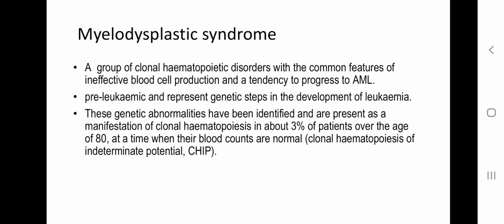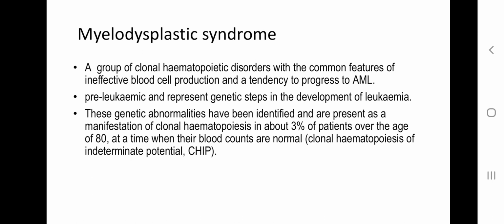Basically, in myelodysplasia there is ineffective production of the various cell lineages like RBC, WBC and platelets. It can affect all three lineages or any one of them, resulting in ineffective blood cell production. So it is a pre-leukemic, pre-malignant condition and represents genetic steps in the development of leukemia.